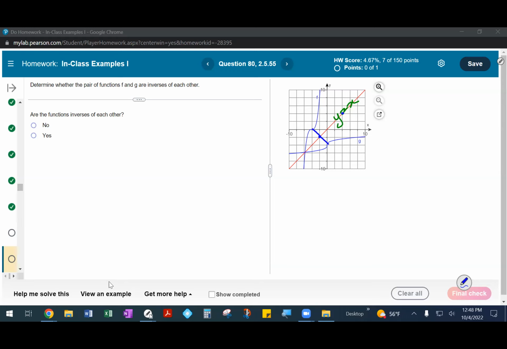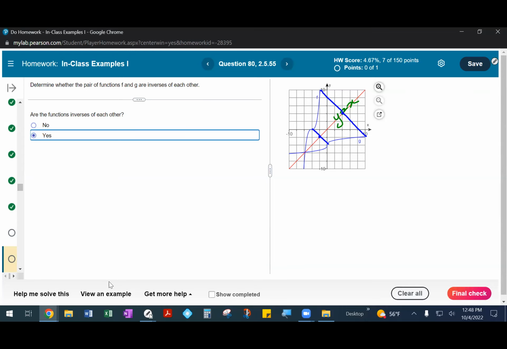Pick another point on the line. Is this distance the same as this one? You can count the squares in this case and see. So yes, they are actually reflections of each other with respect to that line y equals x. And so in this case, we would say, yes, these two functions are inverses of each other.